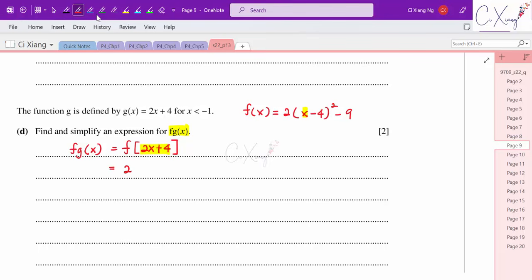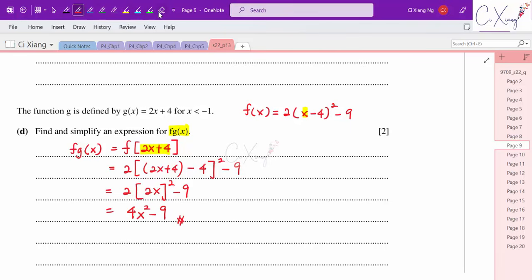I generally get 2x plus 4, then minus 4, squared, minus 9. Further simplifying, plus 4 and minus 4 gives 0. So I have 2x squared minus 9. And further simplify it, I should have 4x squared minus 9.